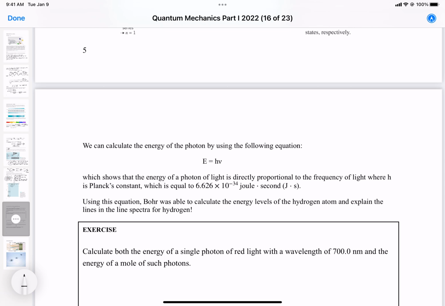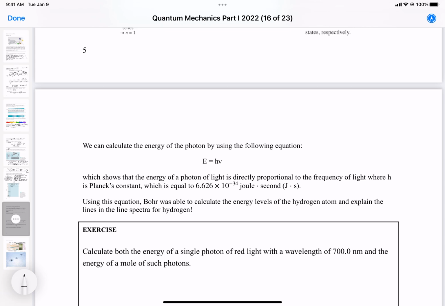To relate the two in this equation, you need a constant. E divided by nu will always equal some constant, and that has to do with the relationship between energy and frequency. The units are usually joule seconds, joule times seconds.